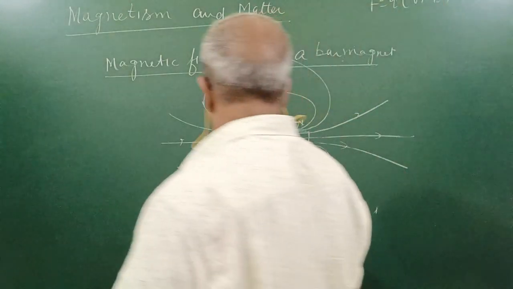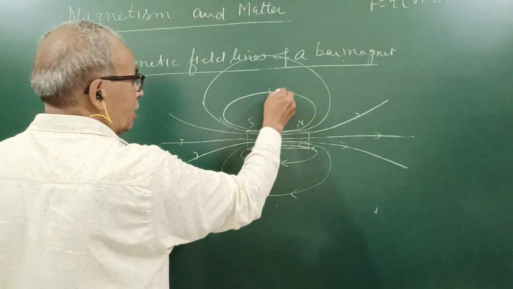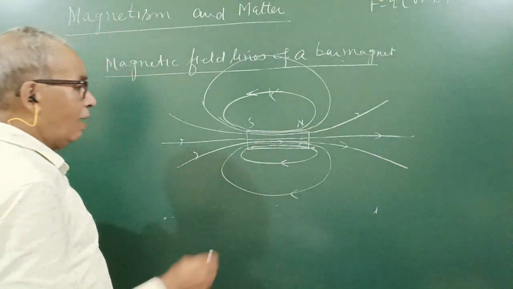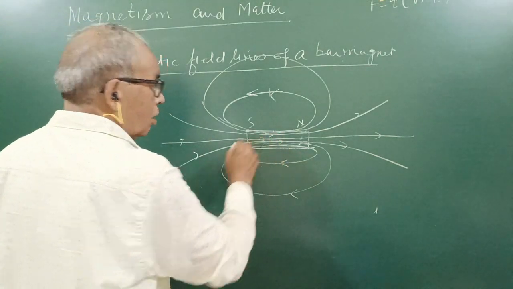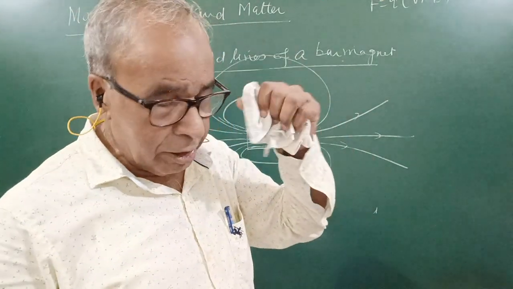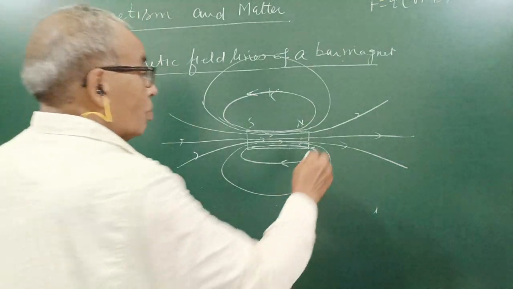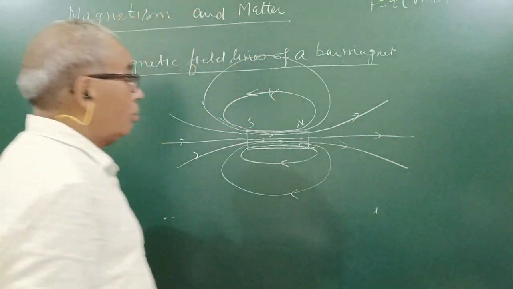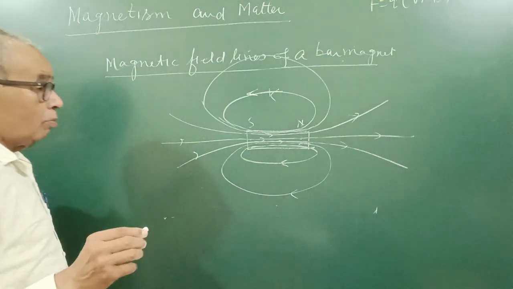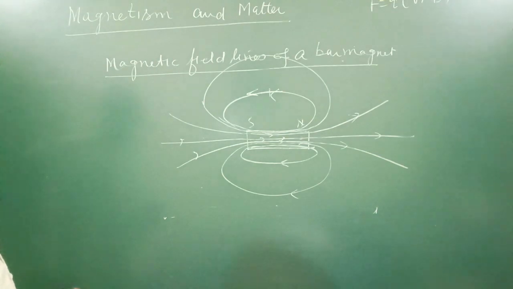And the property of a field line is that the tangent at any point gives the direction of the magnetic field, and the closer the field lines, the stronger the field. You can read all such things in different books. I will tell you other properties like this. So this is the pattern of field lines of a bar magnet.